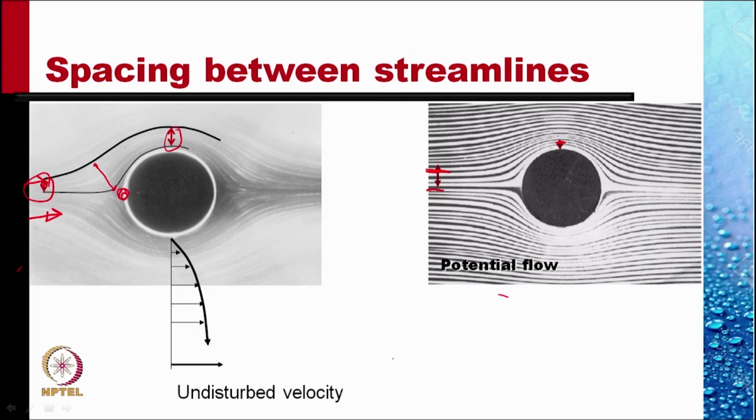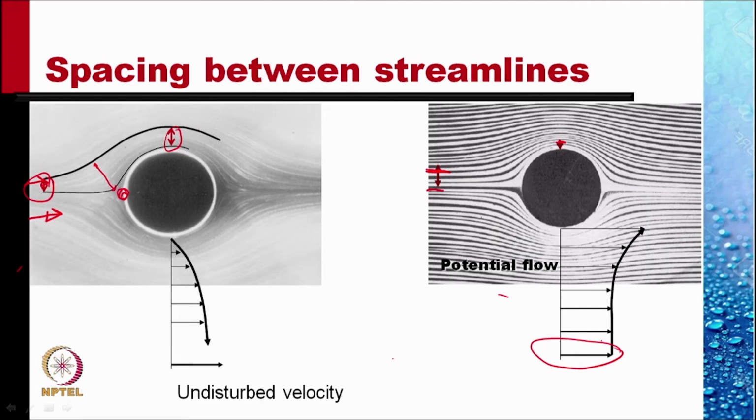What does this mean? This means the velocity on the shoulder is much larger than the velocity upstream. The velocity profile is like this. This is very close to the undisturbed velocity. So the velocity at the shoulder is much larger than the undisturbed velocity.